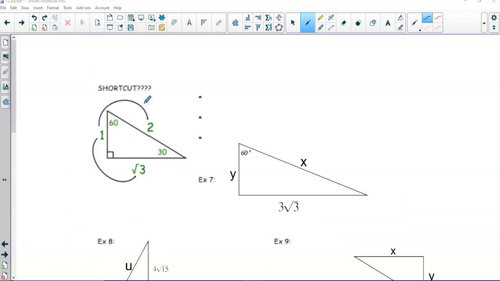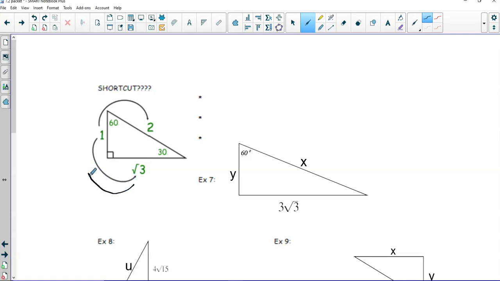So here is a shortcut. If you are going towards the hypotenuse, then remember to multiply by 2. If you're going towards the long leg, remember to multiply by the square root of 3. If you're going backwards, that means you're going this way.